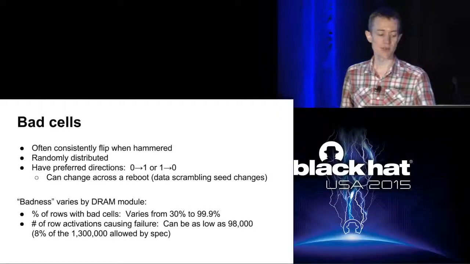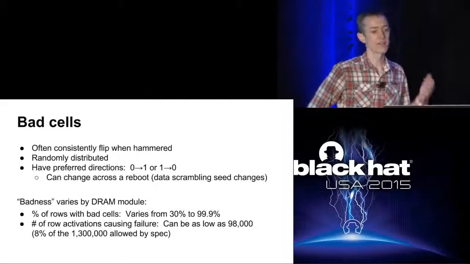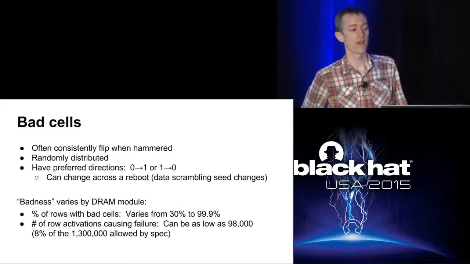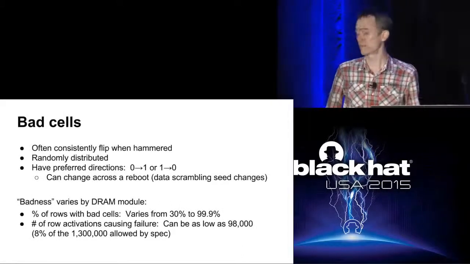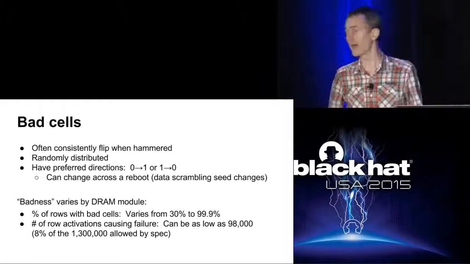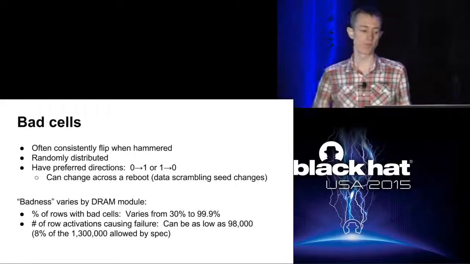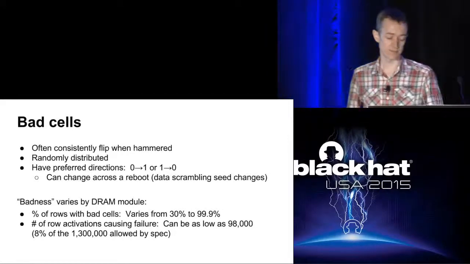And also the number of row activations that you need to cause one of these errors can vary. On one module, it was as low as 98,000 row activations, which was about 8% of what the DDR3 said that module was supposed to be able to take.